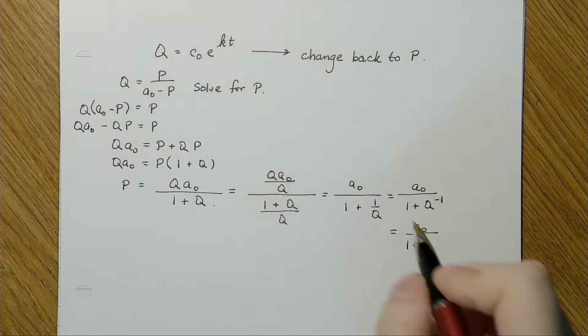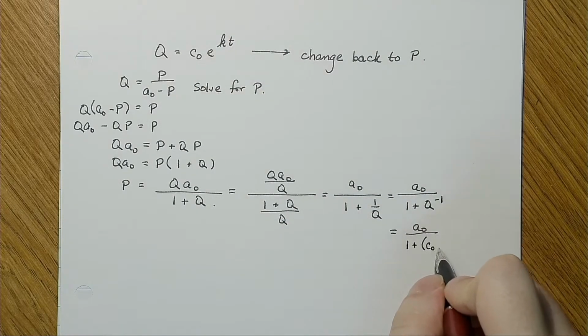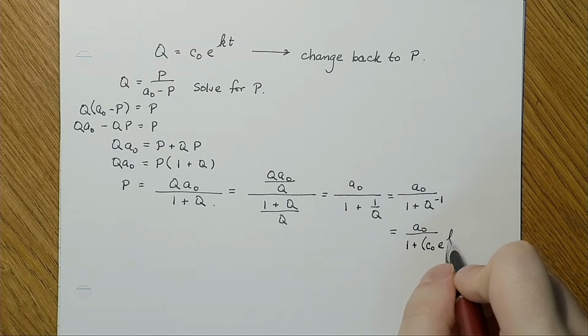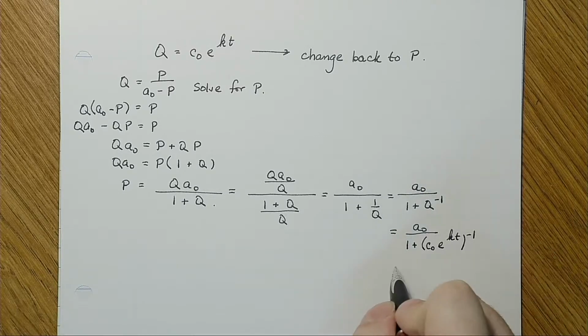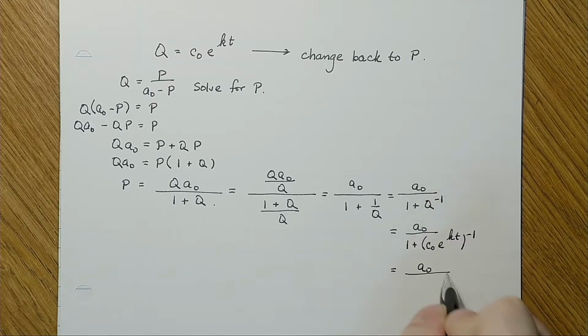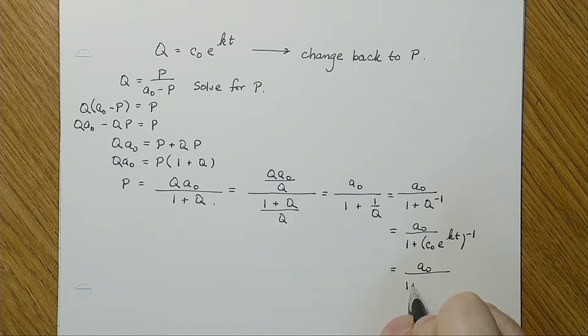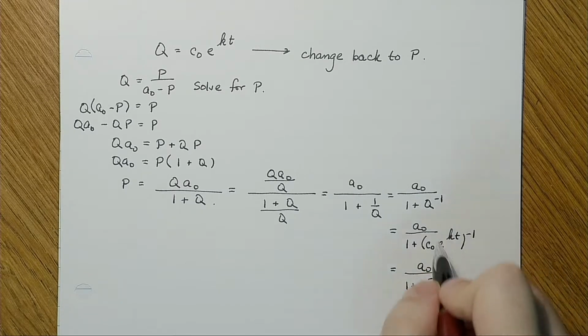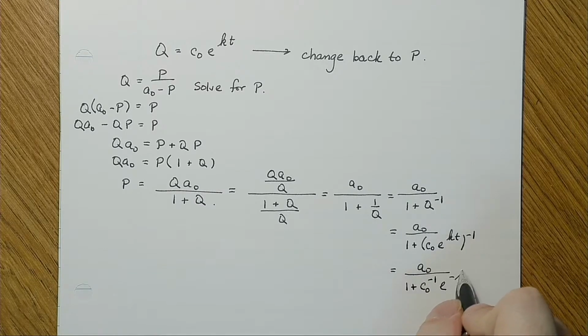I already know what q is, so it's right up there. c naught e to the kt, to the minus 1. So I can apply that negative in there, e to the minus kt.